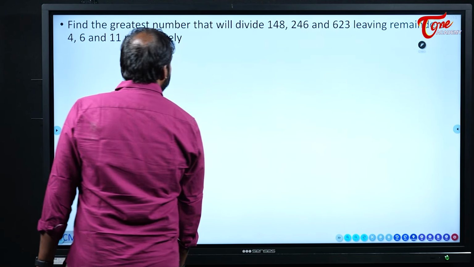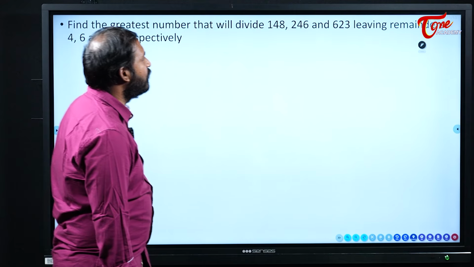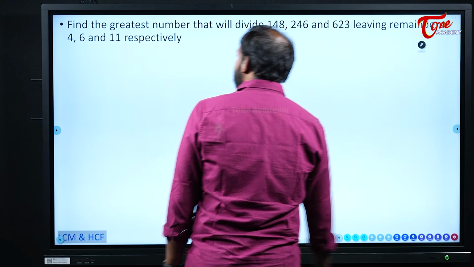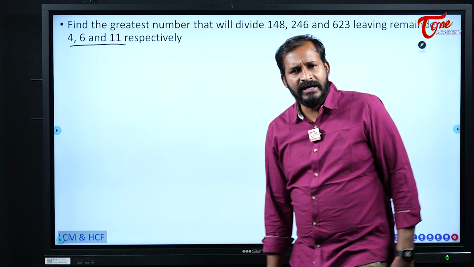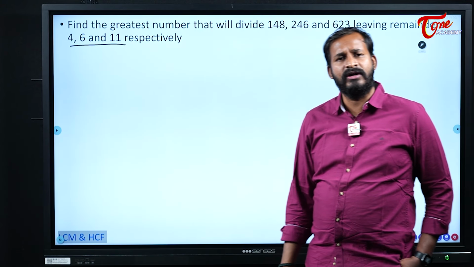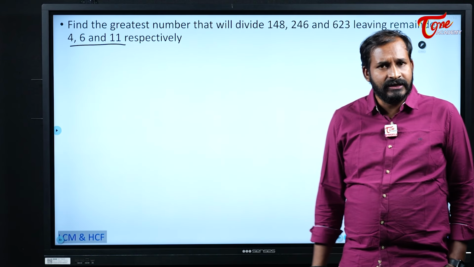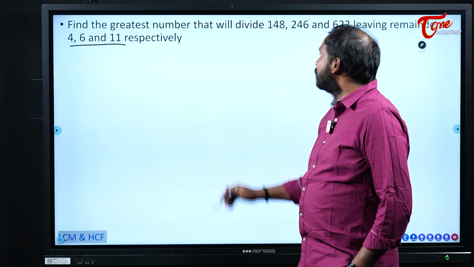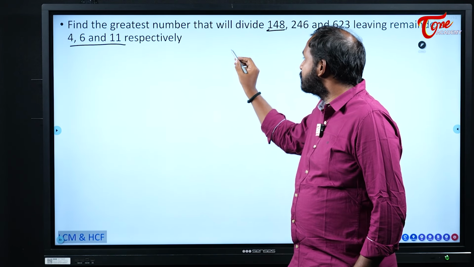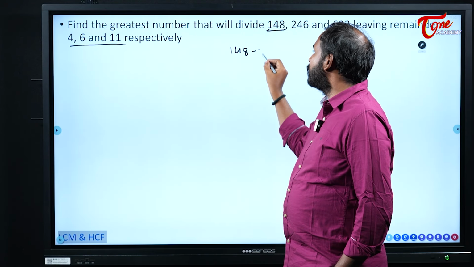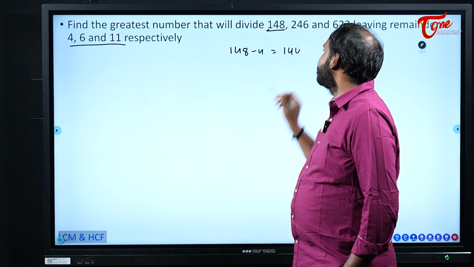Next one. Find the greatest number that will divide 148, 246 and 623, leaving the remainders 4, 6 and 11 respectively. But leaving the remainders means if you don't have those remainders, what will you do? It is exactly divisible, right? So the same thing. Here while dividing 148, it is leaving a remainder 4. That means 148 minus 4 is exactly divisible, right?